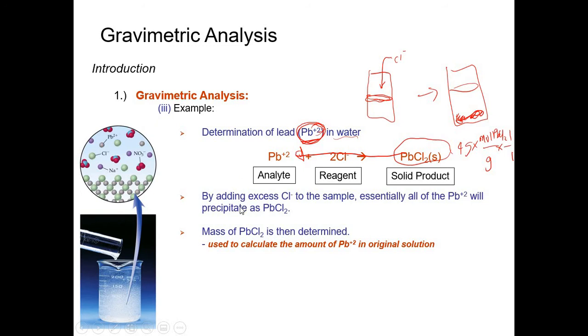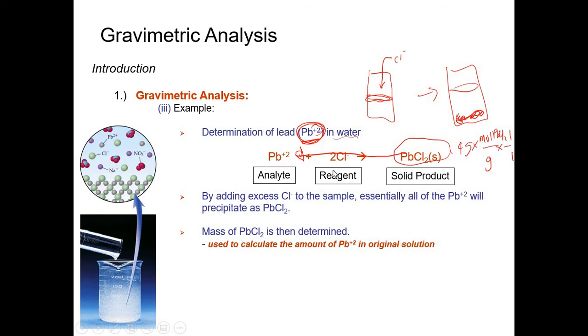Another requirement is that you need to add excess chloride to the sample such that all of this lead 2+ will precipitate as PbCl2. Because if gamay ra imong i-add, then the tendency is that not all of the Pb2+ will precipitate. Kay gamay ra nga chloride imong gi-add. So you need to add excess jud.